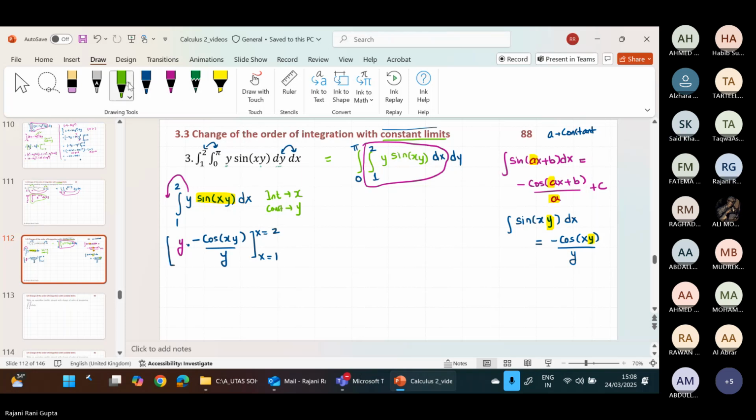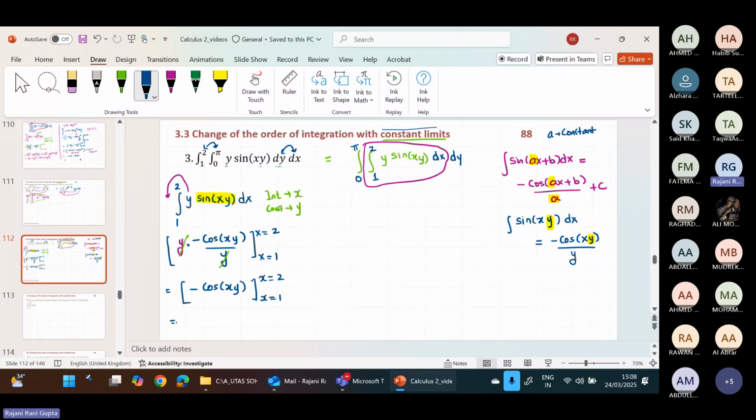Okay, so can I cancel this y with this y? Absolutely. So you get your answer as minus cosine of xy, x is from 1 to 2.